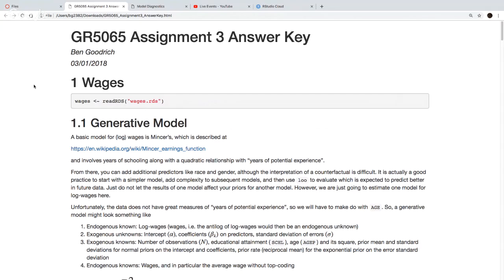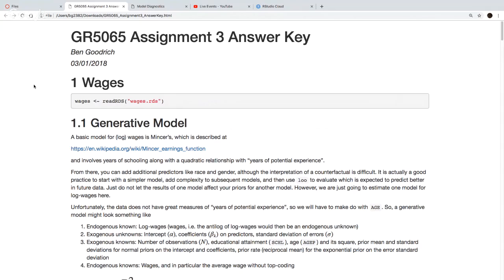If you're going to use normal priors, which would have been fine for the next problem, on the intercept and the coefficients, well, what are the means and the standard deviations of those normal priors, in addition to prior rates on the, let's say, exponential prior on sigma, the standard deviation of the errors. And so these things that complete the specification of your priors are also part of exogenous knowns.